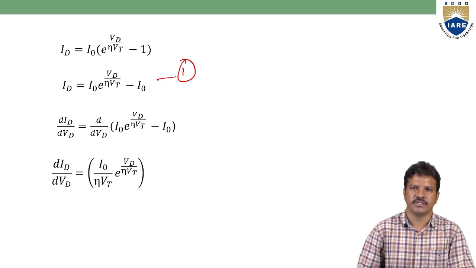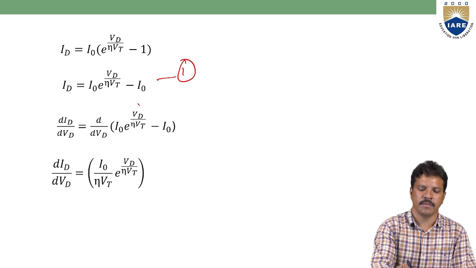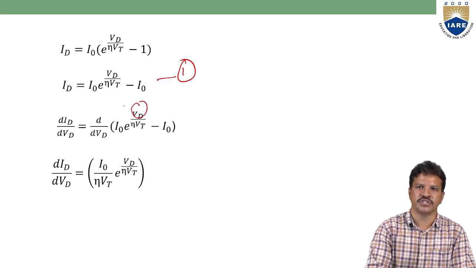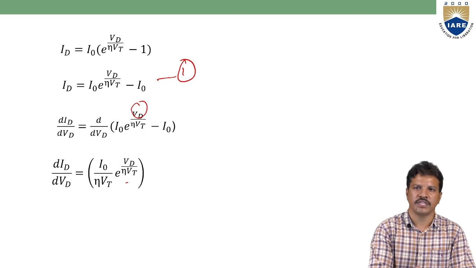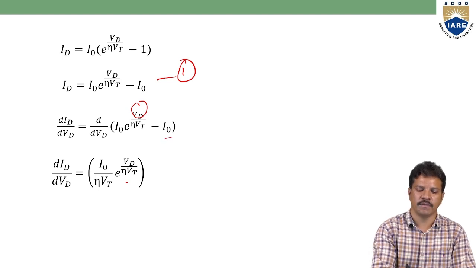So we know these two terms' differentiation with respect to VD. In the first term, it is the VD term. The differentiation of e power x is nothing but e power x, so take the e power VD by eta VT as it is. And then the differentiation of I naught with respect to VD is equal to 0.